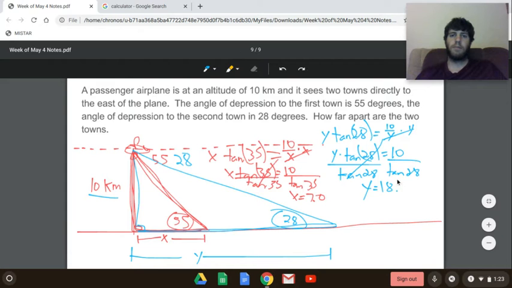All right. So we know that this distance here is 18.8. We know that this distance here was 7.0. Right? So if we want to find this piece over here, we need to subtract them, right? 18.8 minus 7.0 is going to be 11.8.